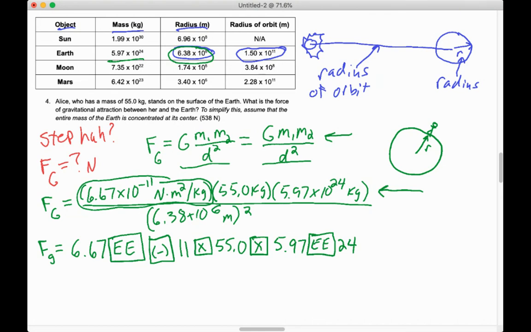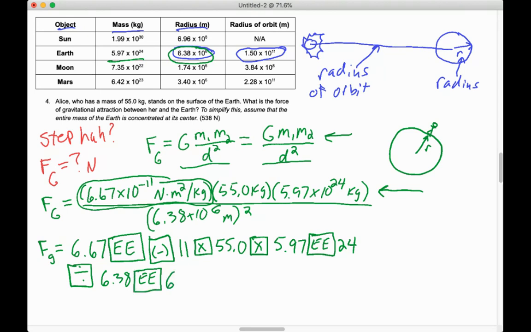So now what we hit is divide by. I'm going down a line because I'm going to run out of space left to right if I keep going. So divide by 6.38 EE 6.